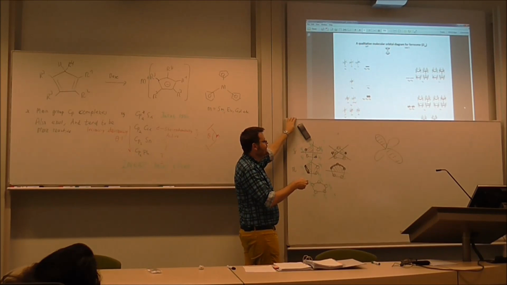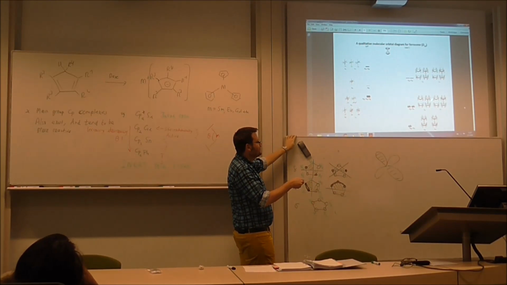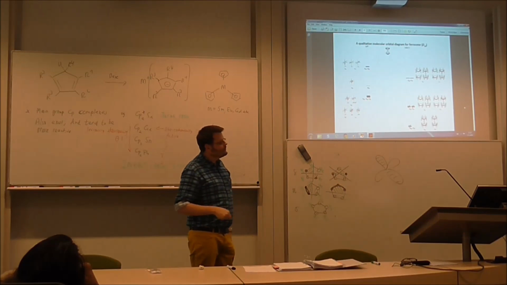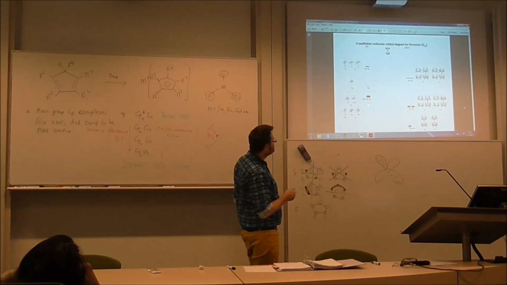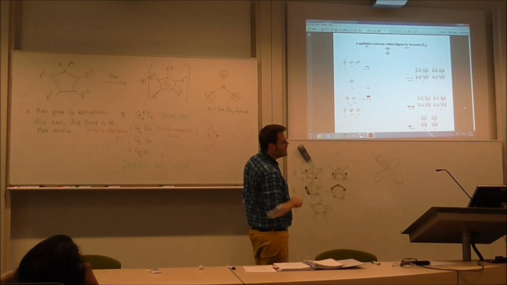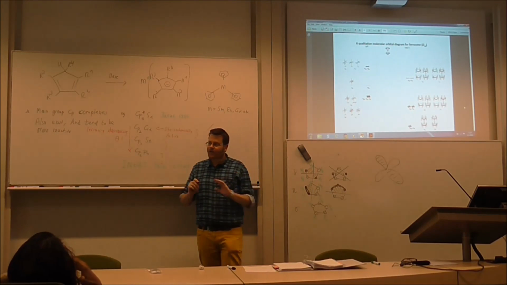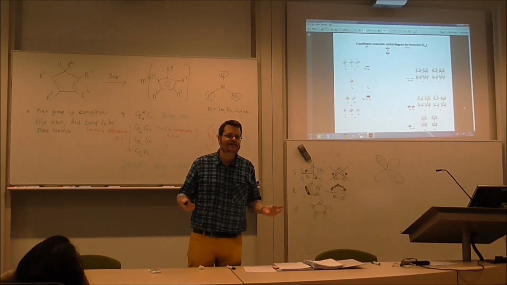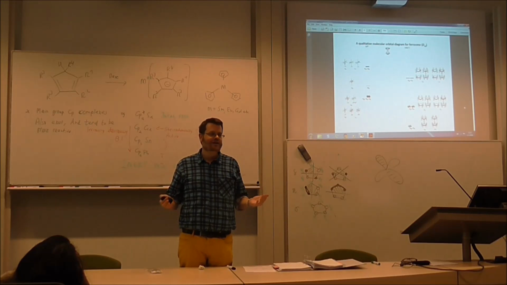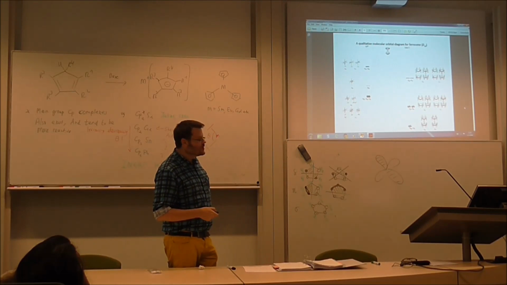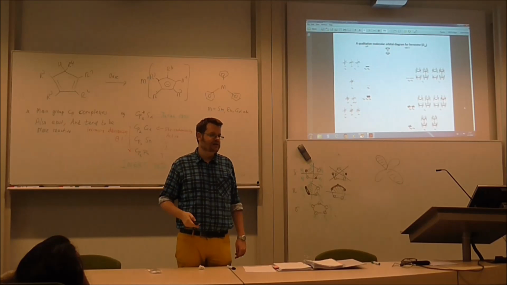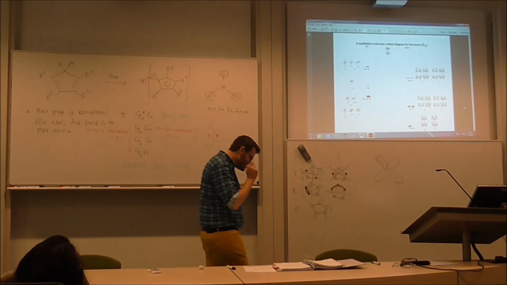From that, we derived those: sigma, pi, delta. And what we have here are simply all the metal orbitals: n-1 d, s, and p. Very simple. They all have symmetries associated with them, and we've just done that ourselves by mixing and matching symmetries. What we're doing here is the same thing in terms of an energy diagram. So let's see what happens step for step.